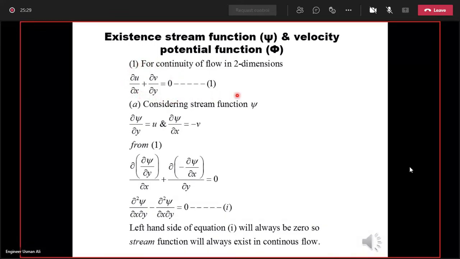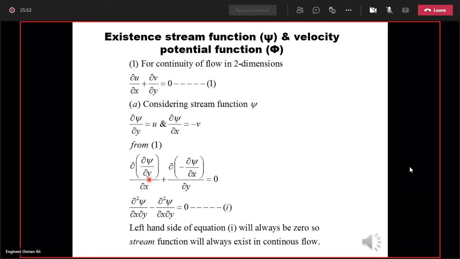Now let us first of all take the stream function psi. We know that mathematically partial psi over partial y is u and partial psi over partial x is minus v. Now putting the values, instead of u you can put partial psi over partial y, as you can see in equation 1, and instead of v you can put minus partial psi over partial x.